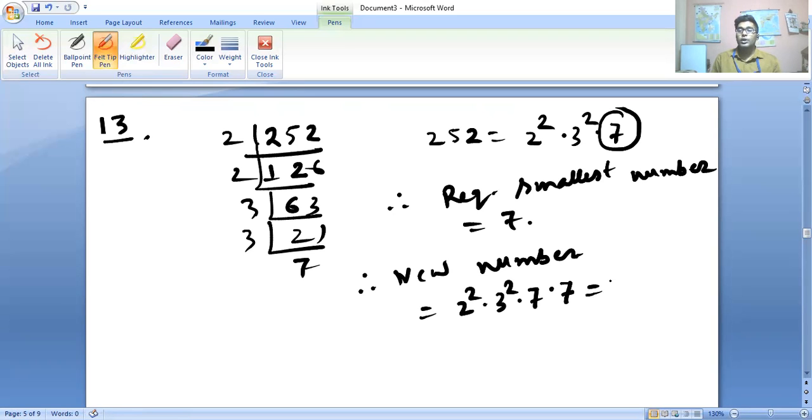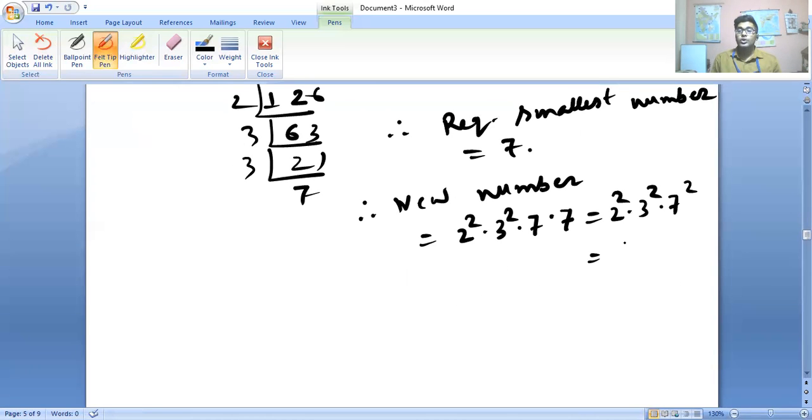So it becomes 2 square into 3 square into 7 square. That means 2 into 3 into 7 whole square. That means 42 whole square.